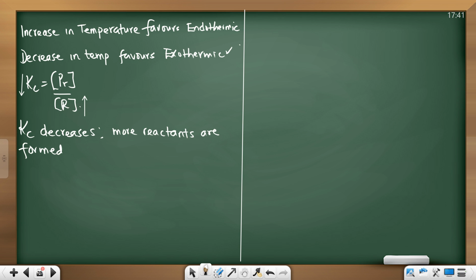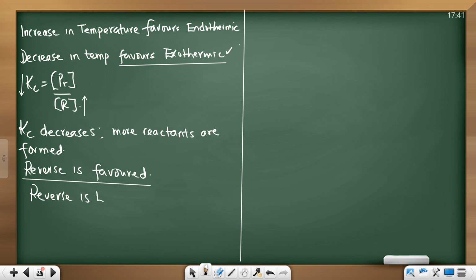Are you with me, everybody? We agree. Are your answers still following? Lovely. If more reactants are formed, it means the reverse is favored. How many times did I use favored? Reverse is favored. Favors exothermic. So what are we saying? The reverse is exothermic.